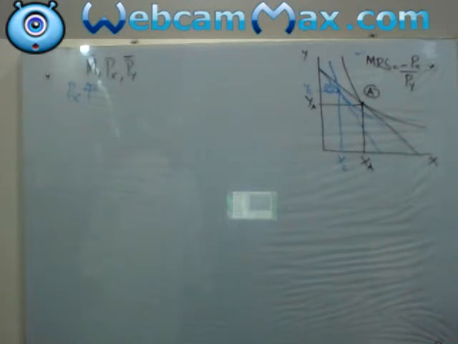Now let us separate out these two effects. We want to see how the consumer behaves if we allow changes in real income, and secondly how the consumer behaves if we keep the consumer's real income constant and the price ratio changes. Okay.